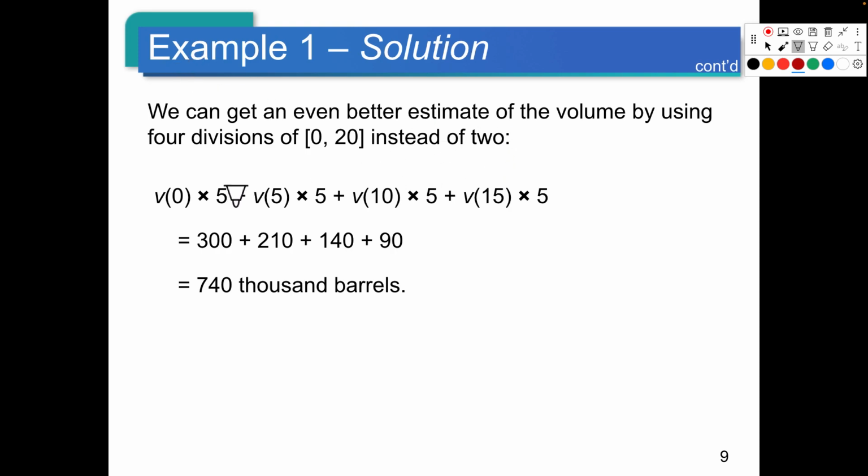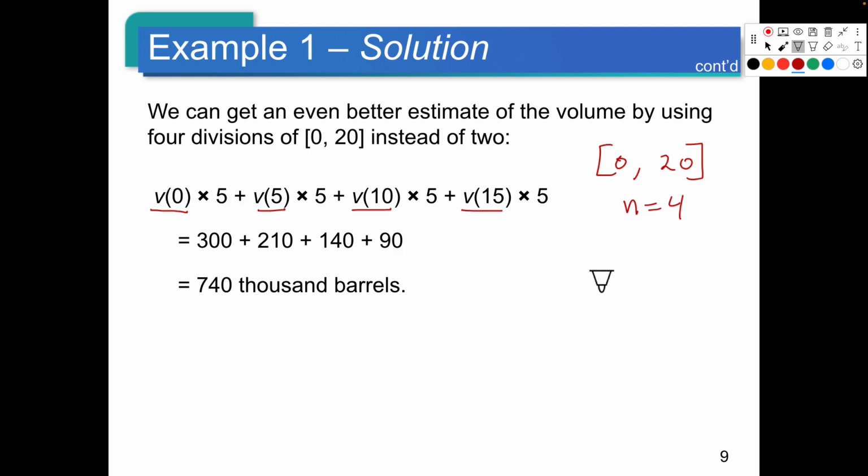So what this is saying is, notice it's taking the function value at 0 times 5, the function value at 5 times 5, function value at 10 times 5, and the function value at 15 times 5, because what we were doing is going from 0 to 20, and this is 1, 2, 3, 4 intervals, or 4 divisions.